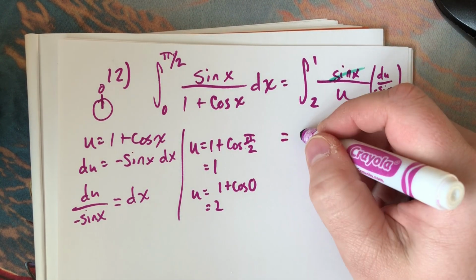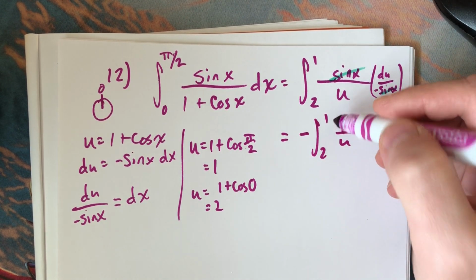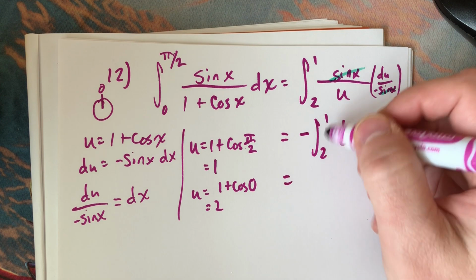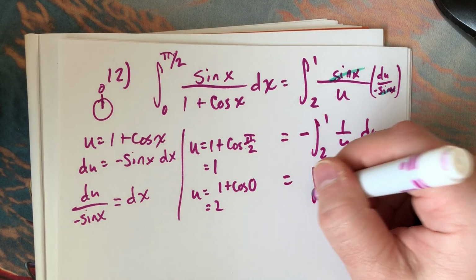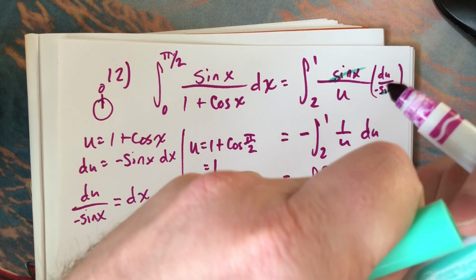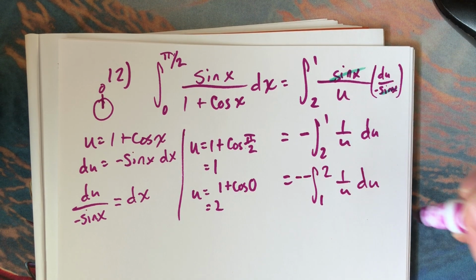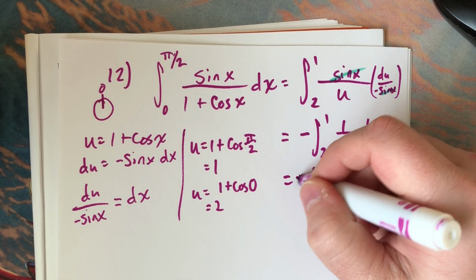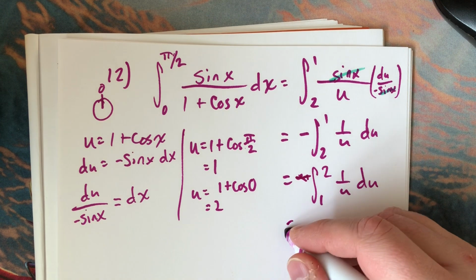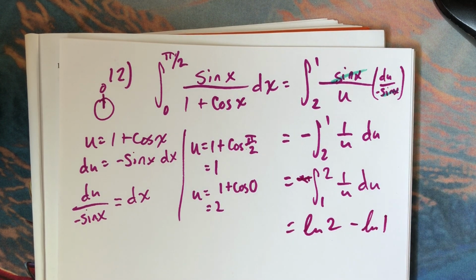There's a negative here. Well, then we may as well flip the bounds and pull a negative out. Pretty nice, right? Negative, negative. So then we'll get ln2 minus ln1. Skipping a little bit of the steps there because it's starting to be very similar at the end.